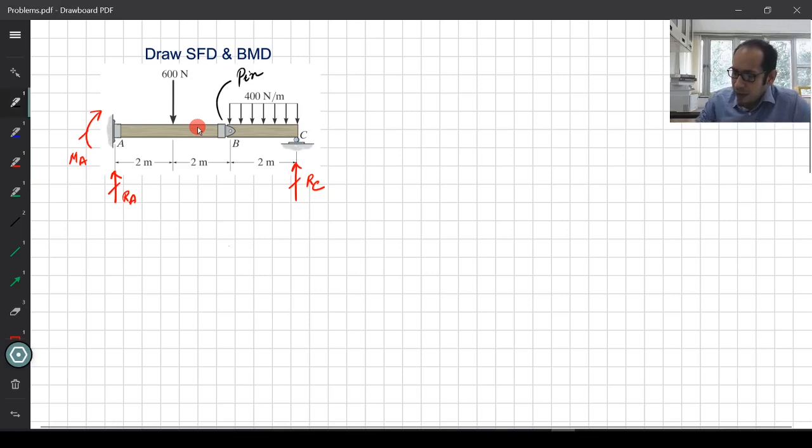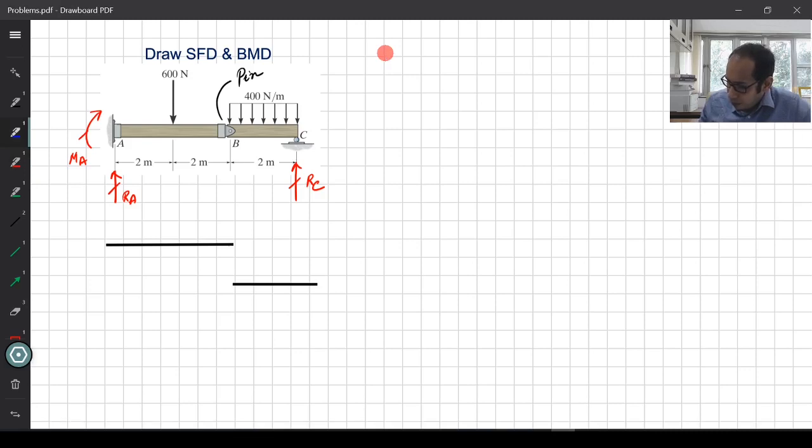To find the reactions, as you can tell, at the pin I'm going to split the beam into the left half and the right side, and I'm going to mark a Bx or By over here and equal and opposite on the other side. So if I split this beam into two, let's say these are my two parts. Let me mark the right part over here.